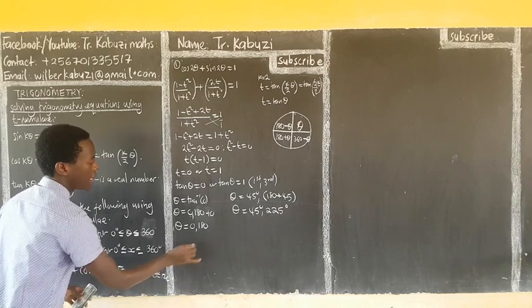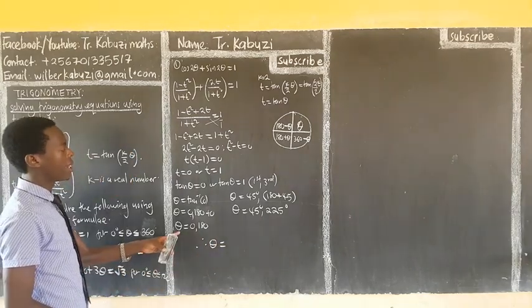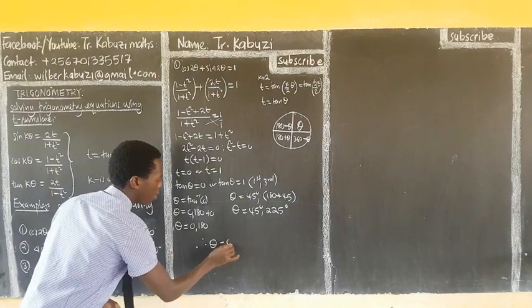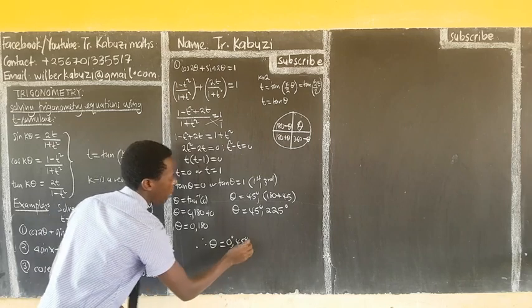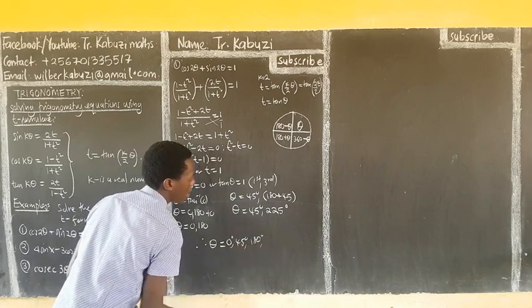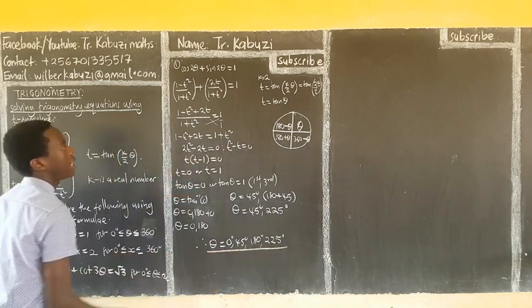Therefore, all my angles: theta is 0, 45, 180 degrees, then 225 degrees, and that's it.